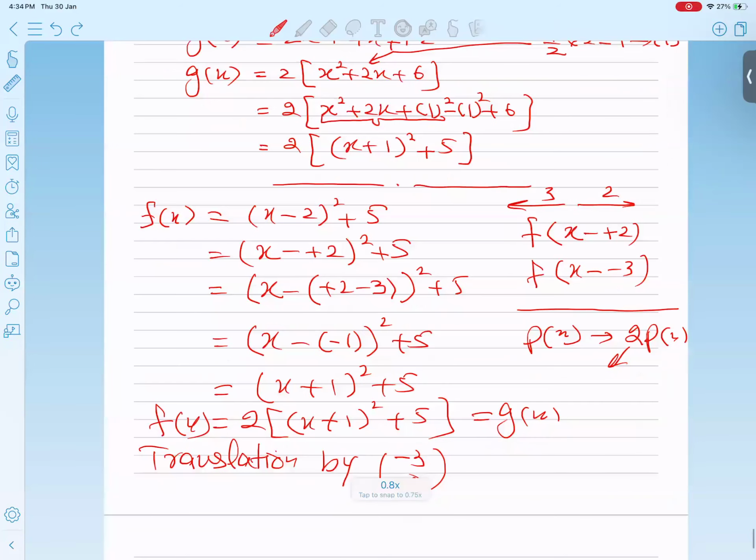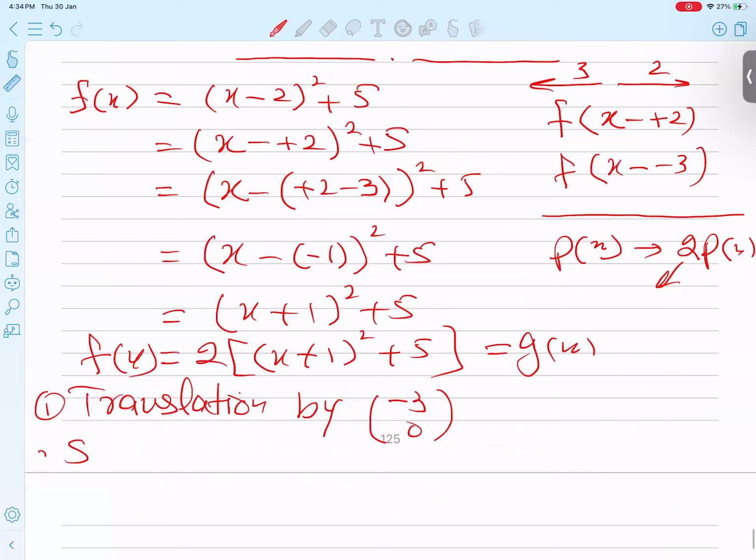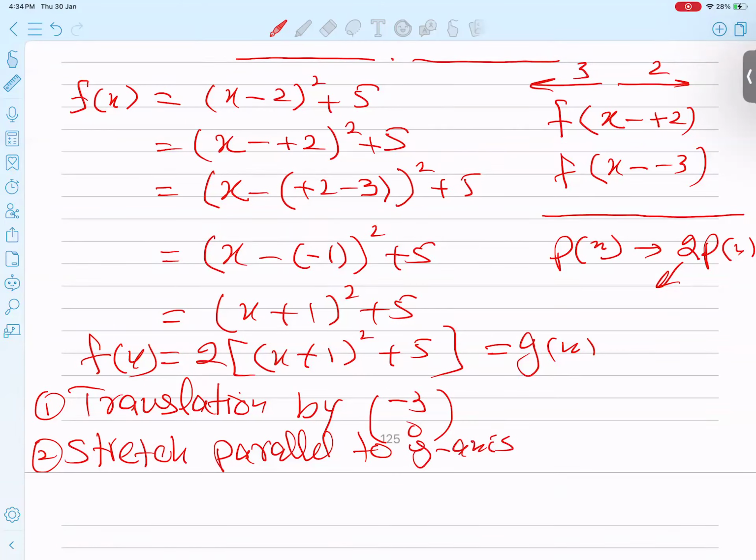It is called stretch, number 2. So stretch parallel to the y-axis by a stretch factor of double, 2 times.